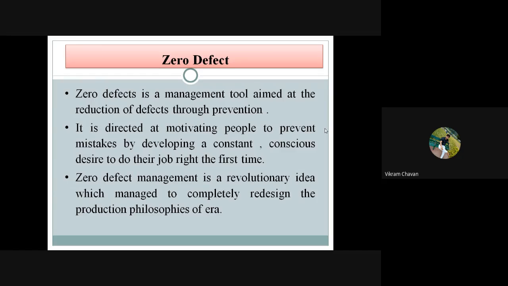Zero defect is a management tool that aims at the reduction of defects through prevention. It is directed at motivating people to prevent mistakes by developing a constant conscious desire to do their job right the first time.